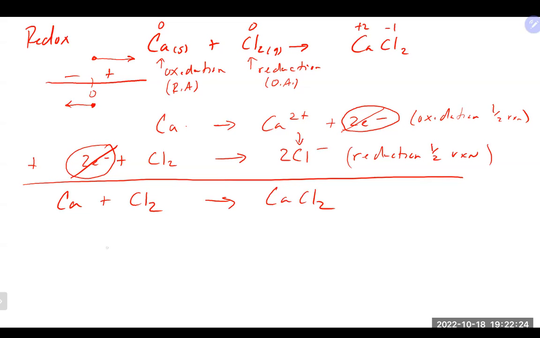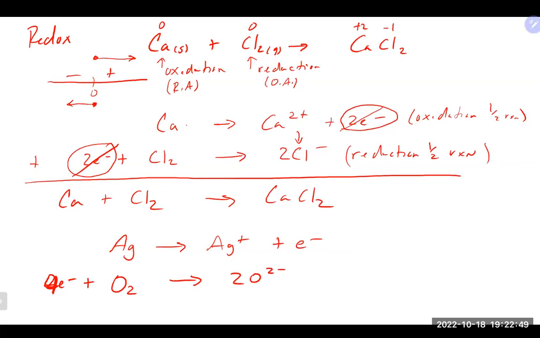Now, if we swapped out and we did, say, silver, with, say, oxygen, here, 4 electrons.